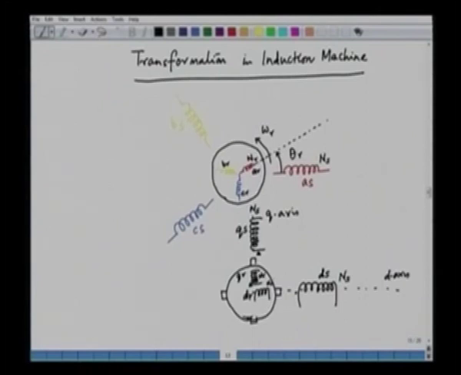Now, we can write down the MMF balance equation. Whatever is realized by a 3-phase machine has to be realized by a 2-phase machine. So, first of all, we equalize the ampere turns, equalize the MMFs. We can write down the equation of the MMF in the D axis.